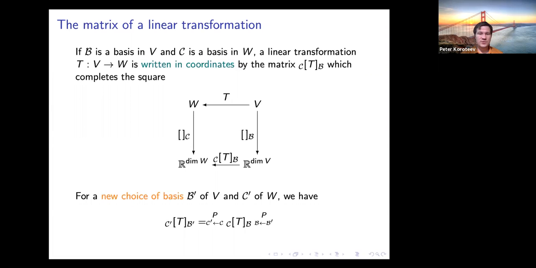So for a new choice of basis, B prime in V and C prime in W, we have this situation here. If we had an old matrix C T B, then we need to multiply it from the left by the change of basis from C to C prime, and on the right by the change of basis from B prime to B. So that the neighboring indices are the same, and you can think of them as contracted.